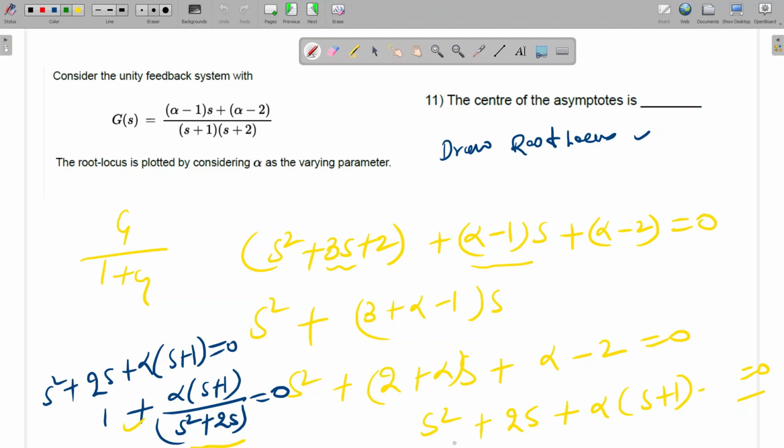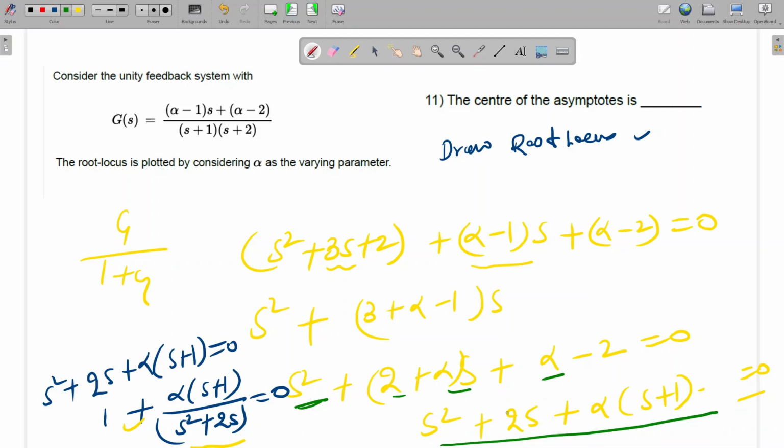Instead of that, we have taken s square plus 2s, and alpha I have taken common, so this is alpha s, this is alpha. My question is, sir, we have to take constants only at the last term. In here we don't have any constant quantity.